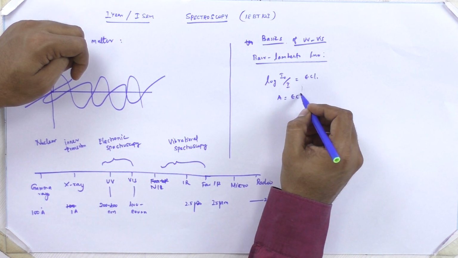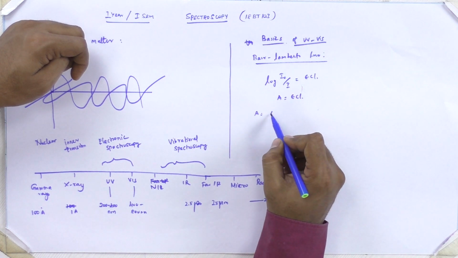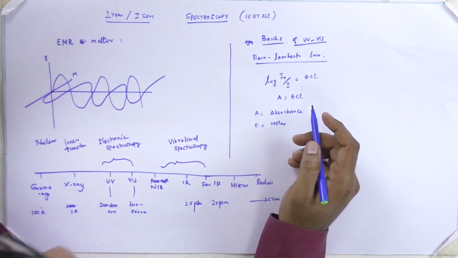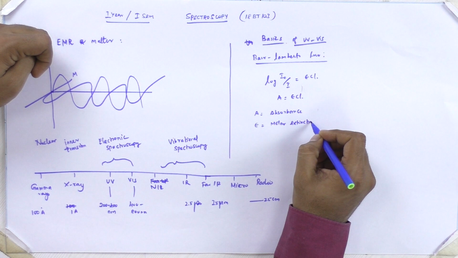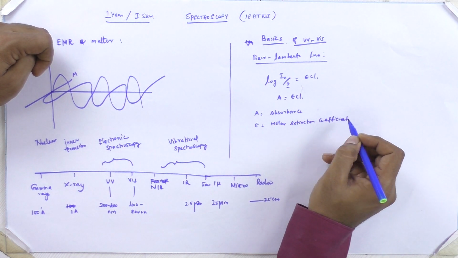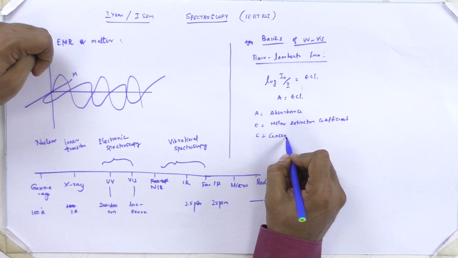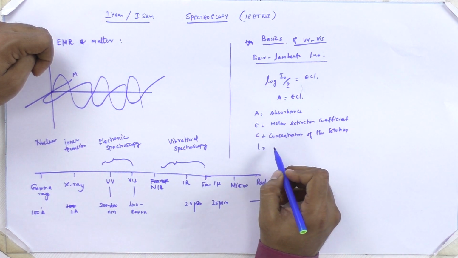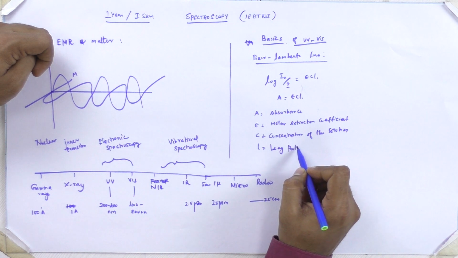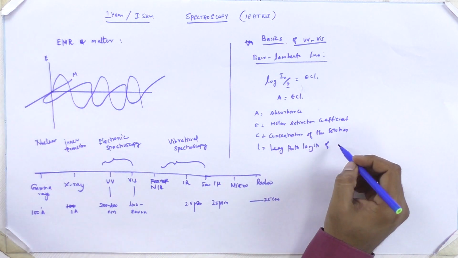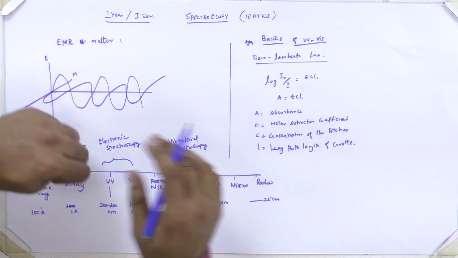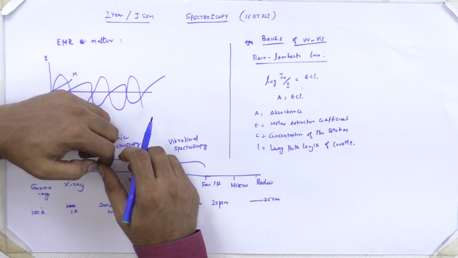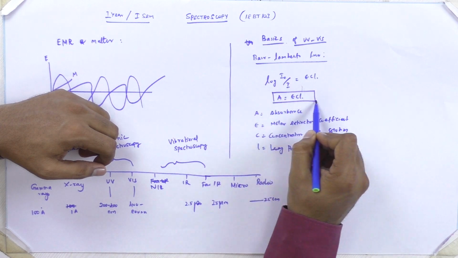In other words, A equals epsilon CL, where A is absorbance, epsilon is the molar extinction coefficient, C is the concentration of the solution, and L is the path length of the cuvette.